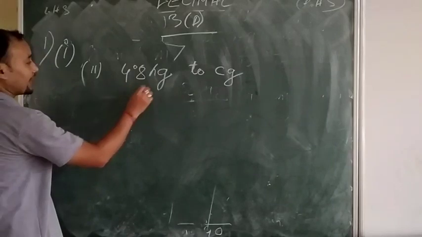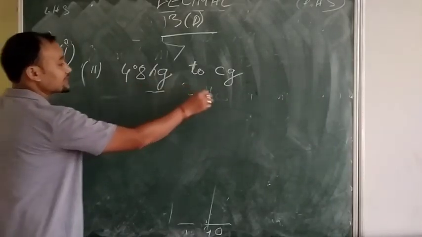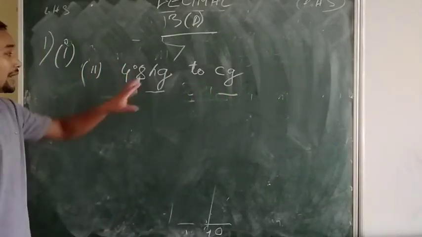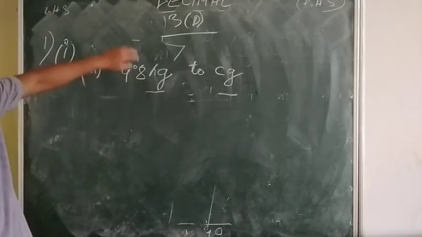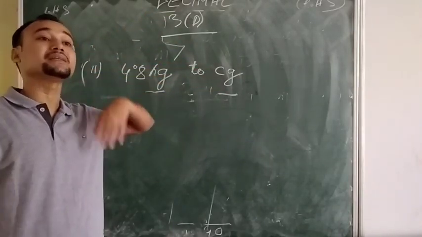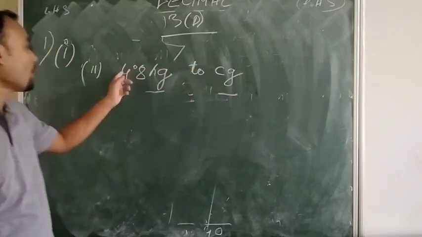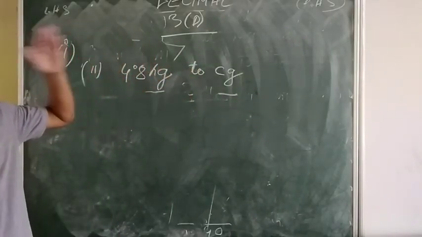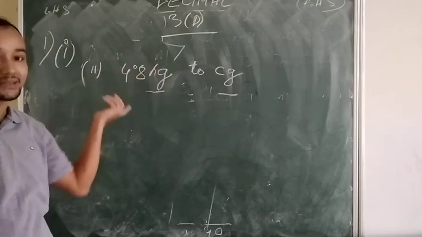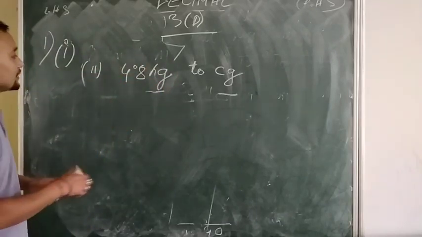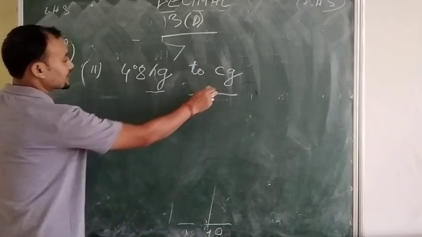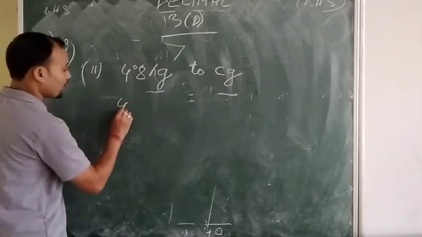Since hecto is a bigger quantity, when it needs to be converted to a smaller quantity, it always needs to get multiplied. If the reverse happened, suppose 4.8 centigram to hectogram, then we need to divide it. Remember this, okay? Between hectogram and centigram there is a difference of 10,000.